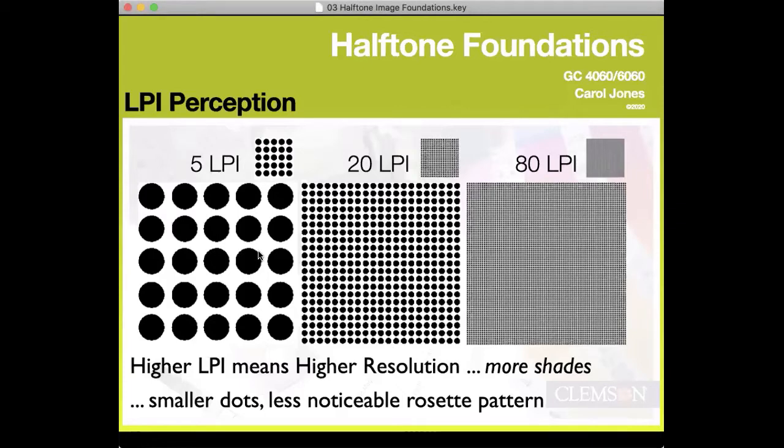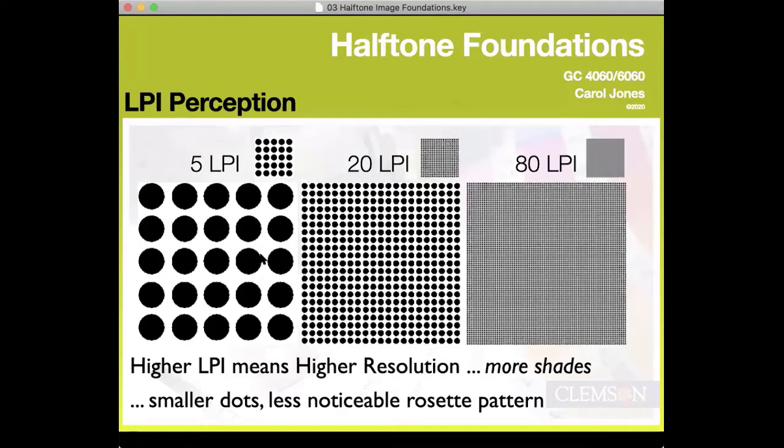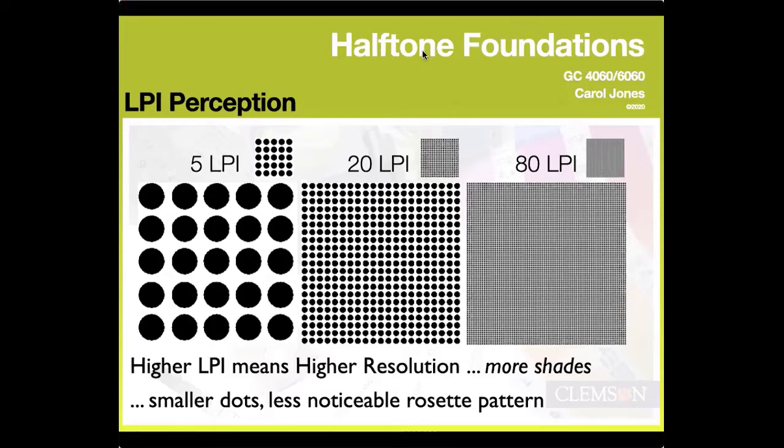So if I talk about a 5 LPI dot that's 50% versus a 20 LPI image versus an 80, if this dot as a 5 LPI image grows slightly around here, gets just a little bit larger, it's not a significant growth as it is on the 20.